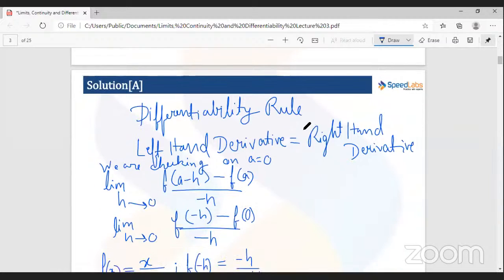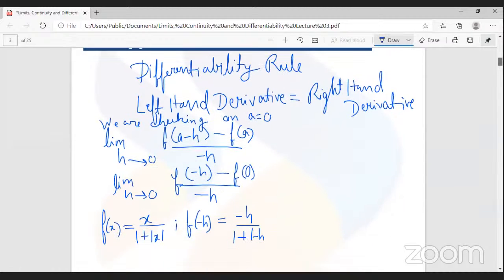What does the differentiability rule say? That left hand derivative should be equal to right hand derivative. So we are checking on a equal to 0. First we are finding left hand derivative, which is limit h tending towards 0, f of a minus h minus f of a upon minus h. Now we were finding f of minus h. And what is f0 here? f0 is 0.